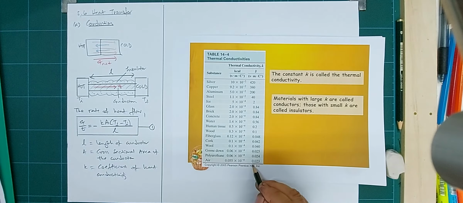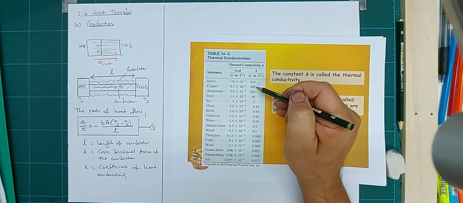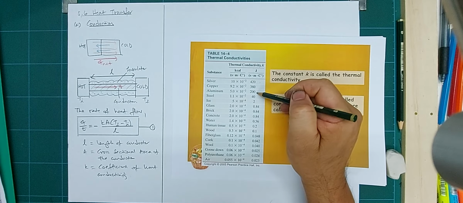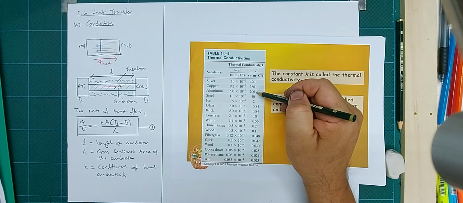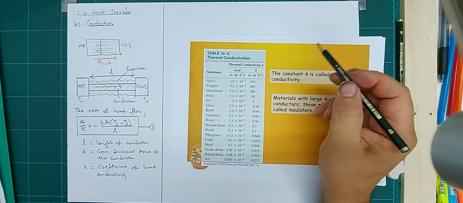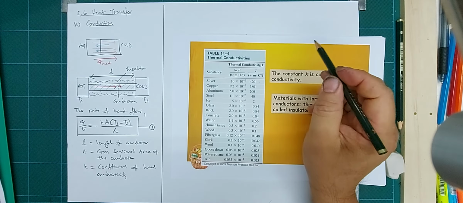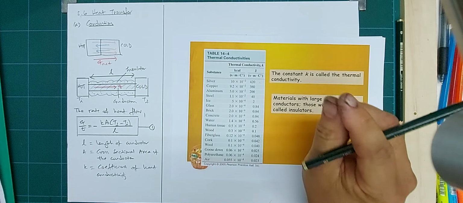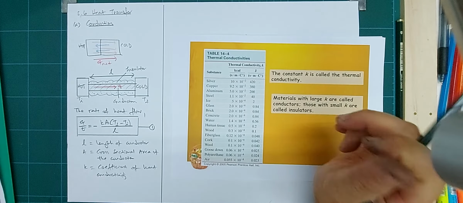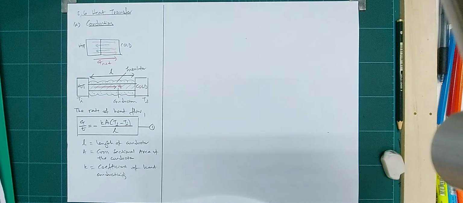Look at air, 0.023. Air is not a good heat conductor. And then you go up here, silver is much better than copper and aluminum. Gold is not here, I think it is above here, and is much better. And don't be surprised, diamond up here is also a good heat conductor when it is very small in size. So we're going to use this k value when we need to do some calculation.